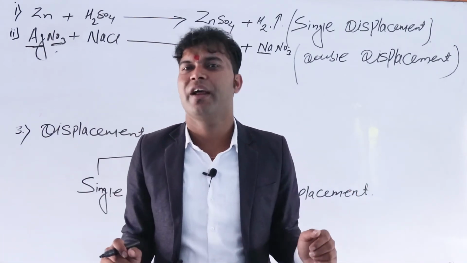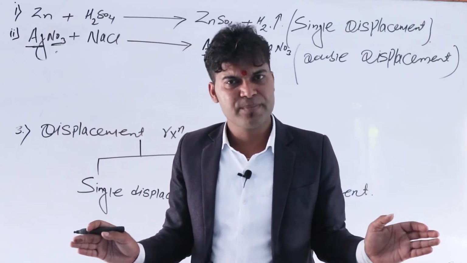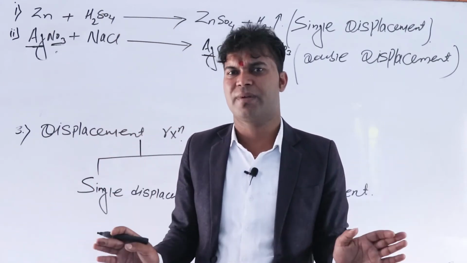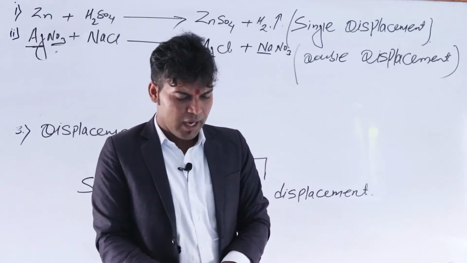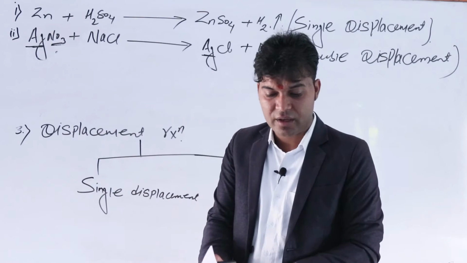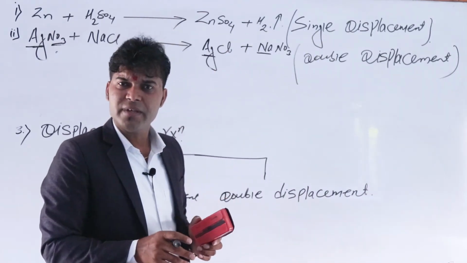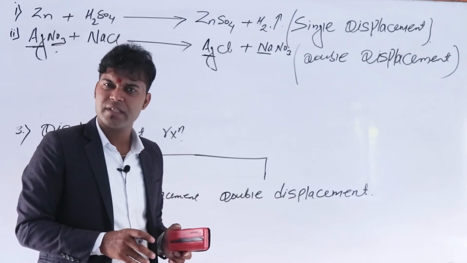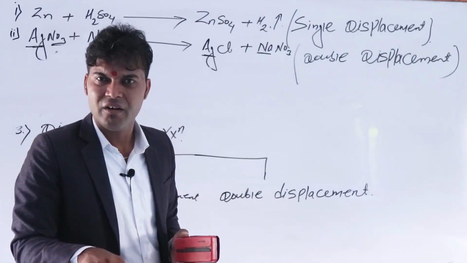Okay, students, I hope you are clear about single displacement and double displacement. Now we have another type of chemical equation, which is called the acid and base reaction. An acid base reaction is also called a double displacement reaction or a neutralization reaction.